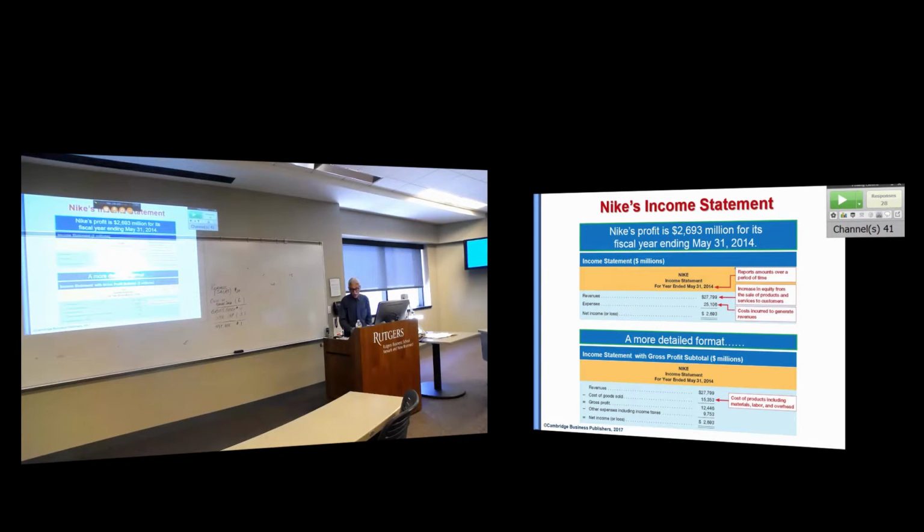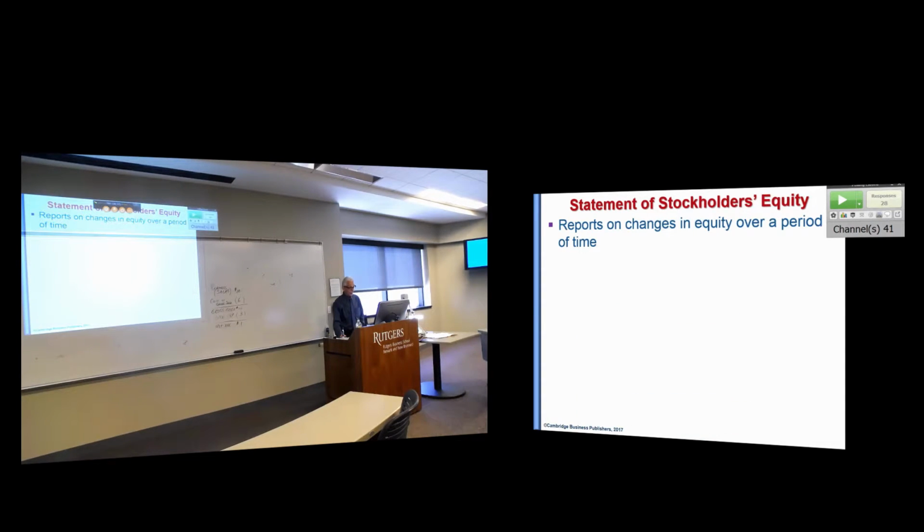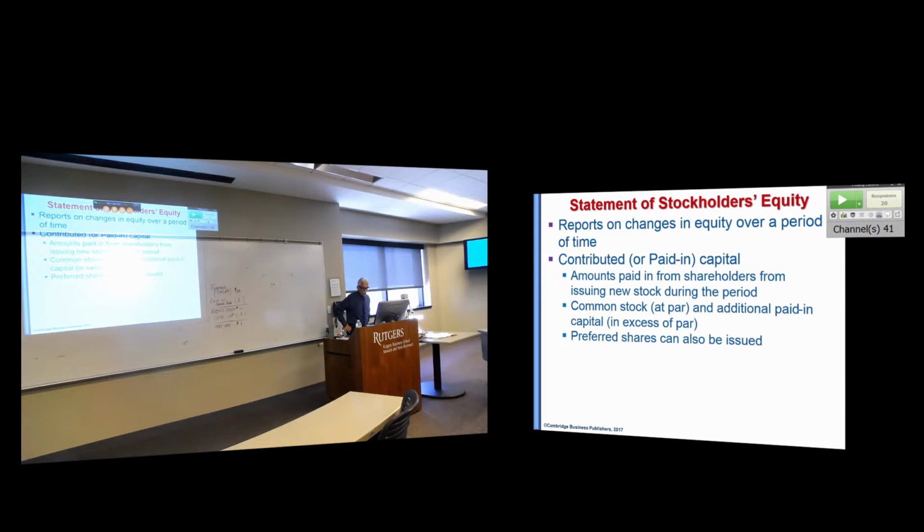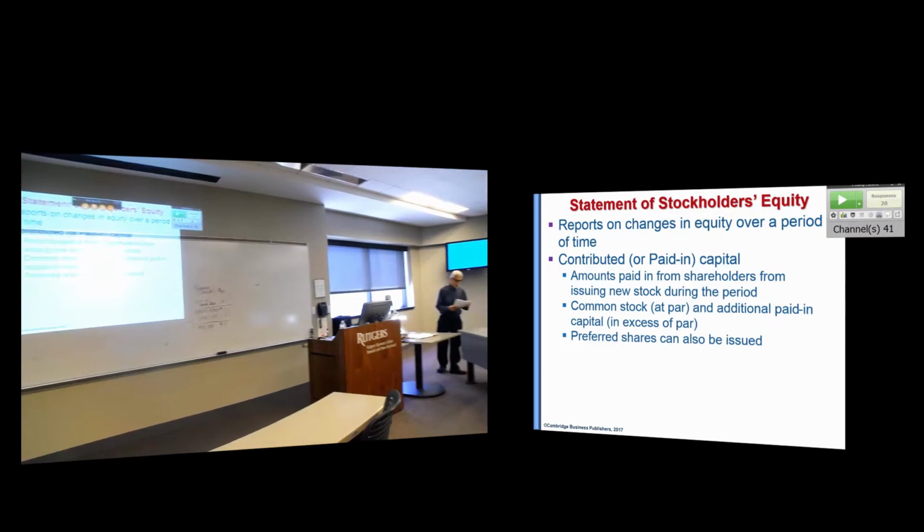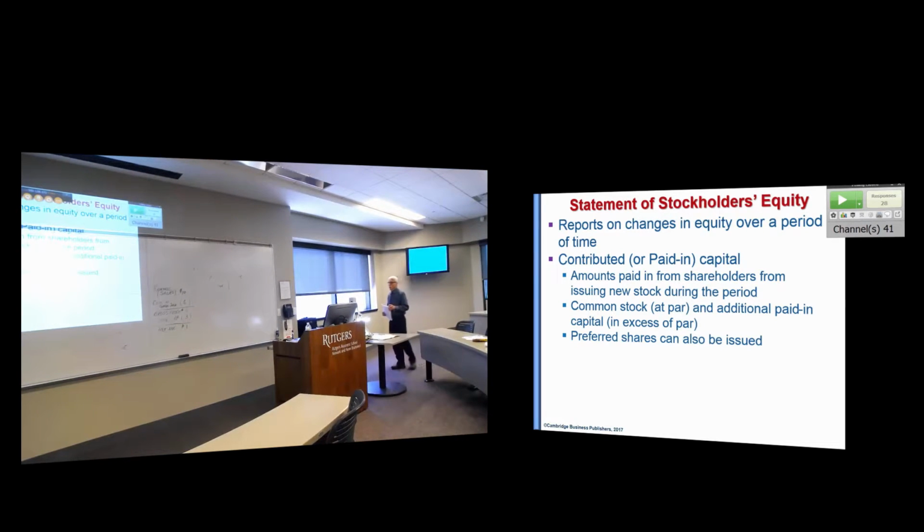Okay. All right, now, one last statement, I guess, or two more, and then we'll take another quick break, is the statement of stockholders' equity, and it is another flow statement, and that shows you the change in equity over time. This would include the amounts that are paid in by shareholders.